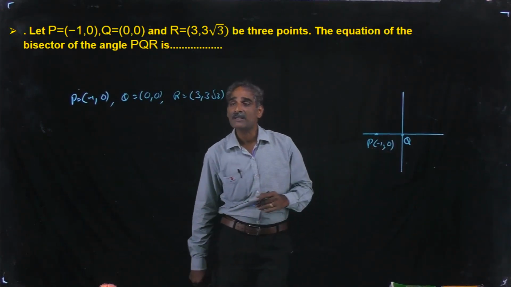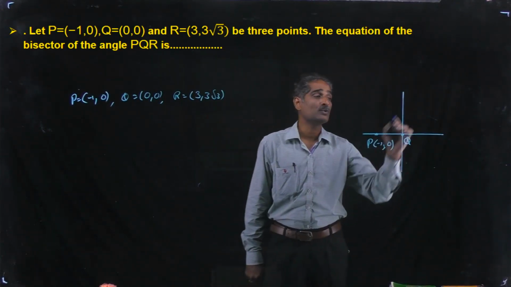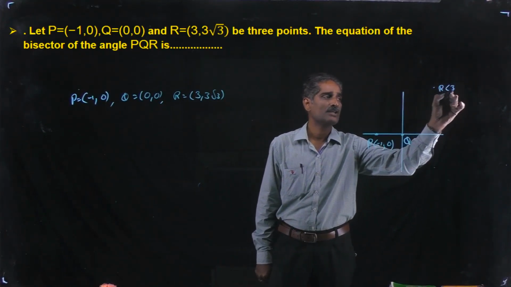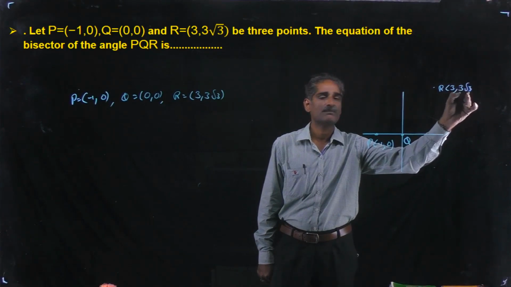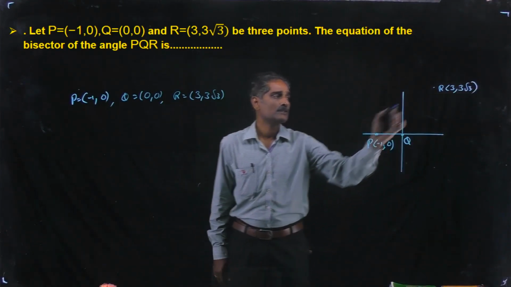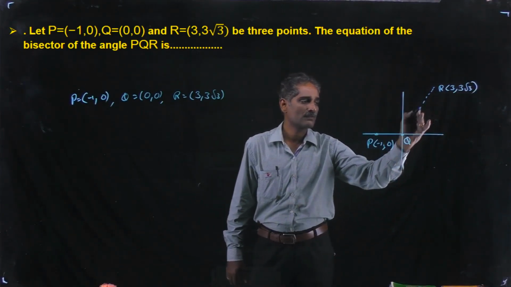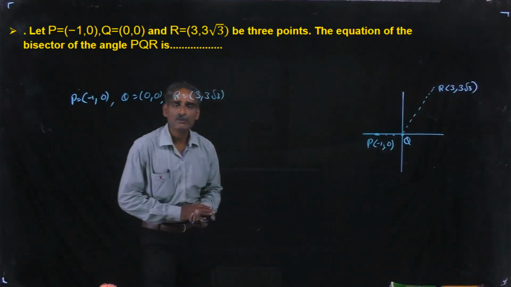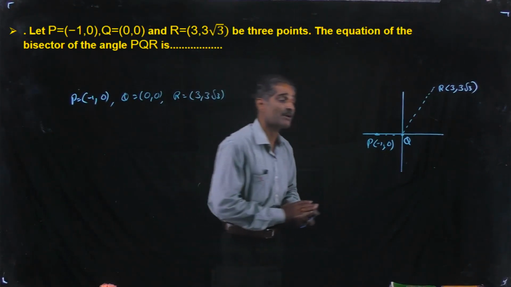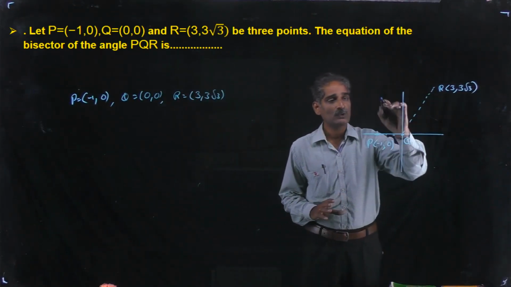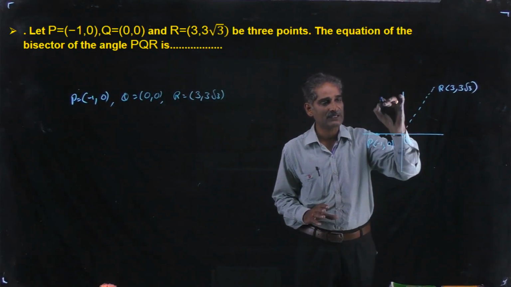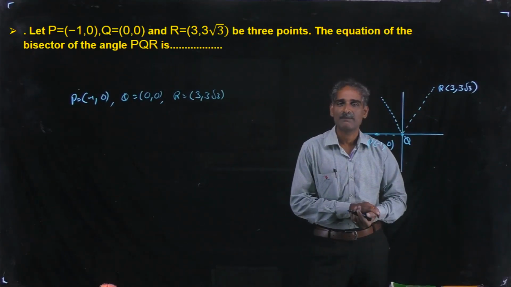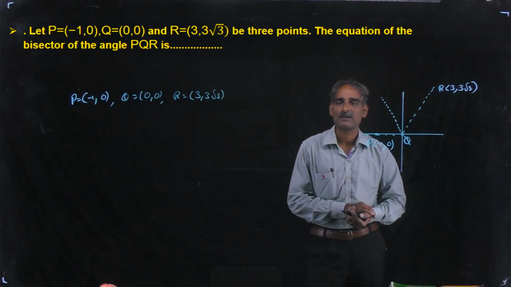Next, suppose this is the position of R, 3 comma 3 root 3. These are the positions of the given points. Here we have to find the angular bisector of PQR, that means how to find its equation.